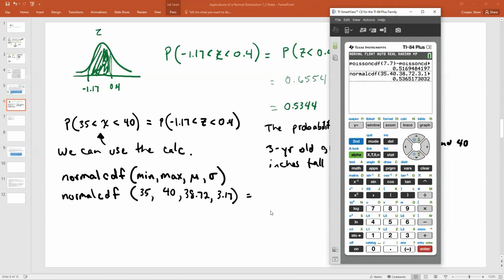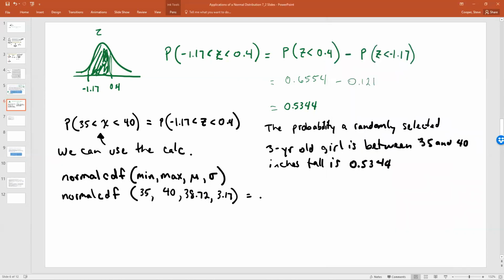It's basically said, I'm going to increment by these amounts and get you pretty darn close to your answer, but the calculator can be more specific and be more accurate. Okay, so we got 0.5365, and generally when we answer our probabilities, we answer with 4 decimal places. So 0.5365 rounded to the nearest 4 places.